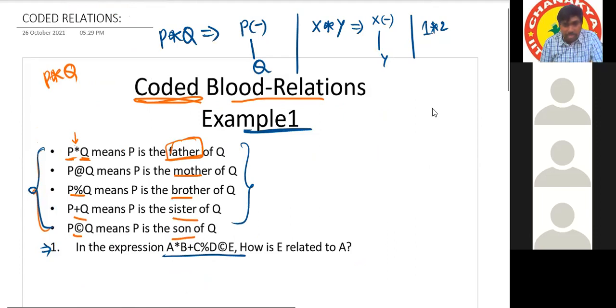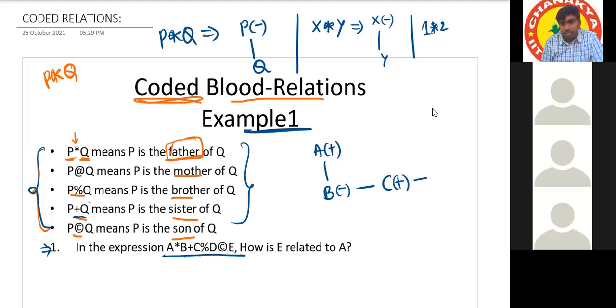See, A star B means A is the father of B. Next, B plus C means B is the sister of C. And C percentage D means C is the brother of D. And D corporate E means D is the son of E. Sir, D is already the son of A. Then how can D be the son of E?